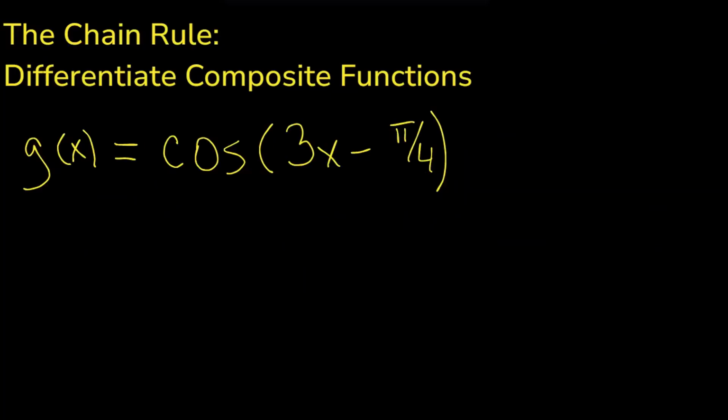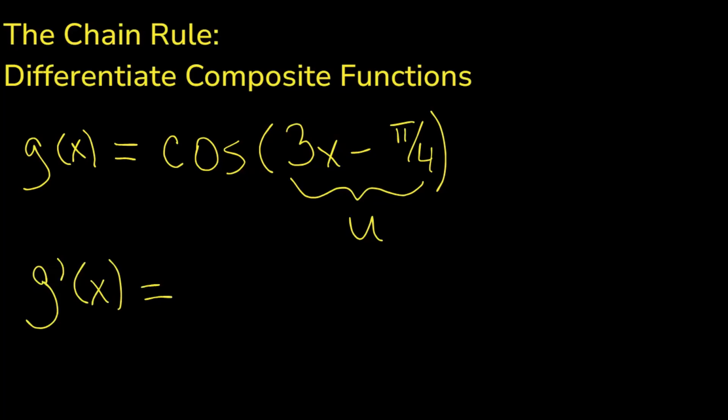Here's another one. The important thing with the chain rule is identifying what the inner and outer functions are. So the 3x minus pi over 4 is the inside of the cosine function. So this is really playing the role of u. So g prime, again using correct notation, is the derivative of the outside, which is cosine.